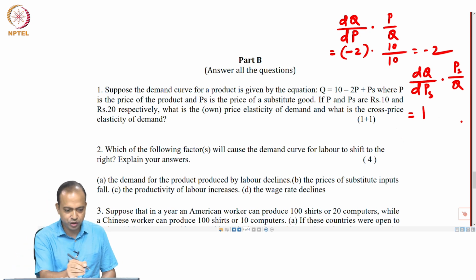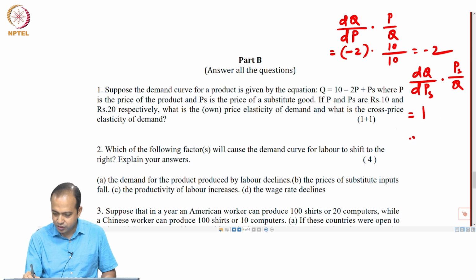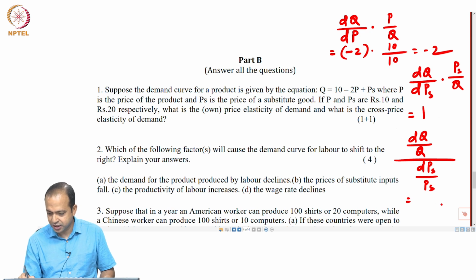The formula is here, I will write again. This is dQ by Q for cross price elasticity divided by dPS by PS. So, we can say that it equals dQ/dPS into PS by Q, that is the formula, that is how we are getting.